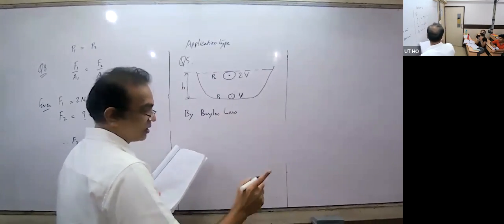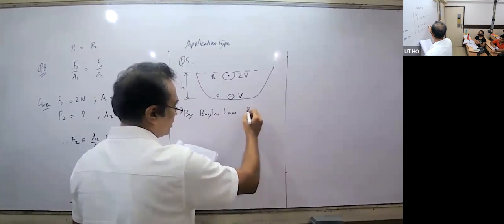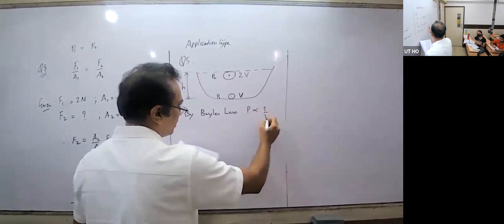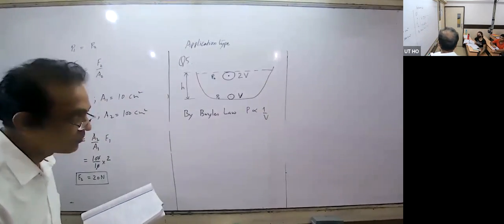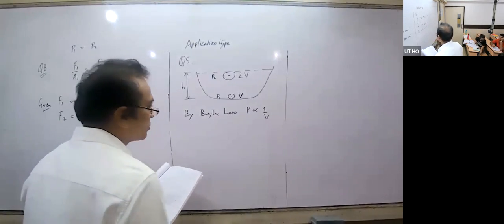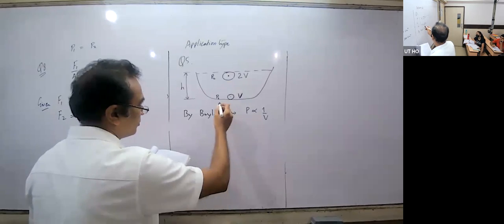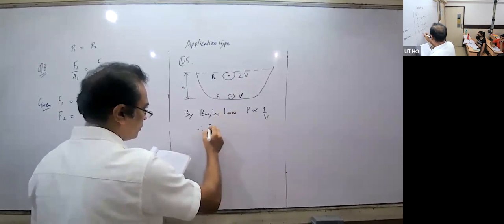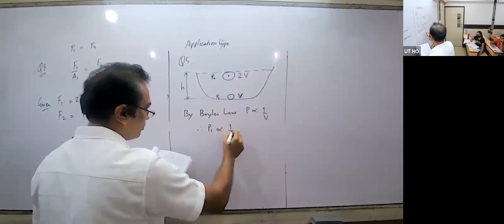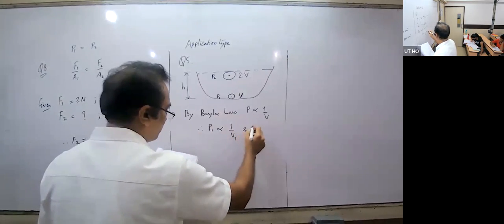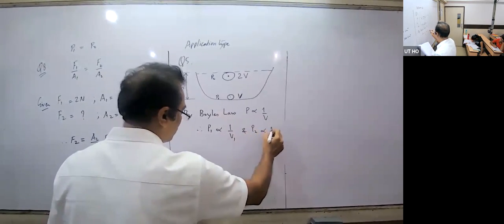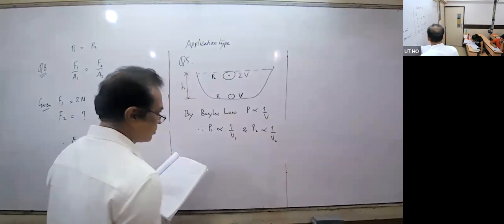When the temperature is constant, P is inversely proportional to V. So P1 is inversely proportional to V1, and P2 is inversely proportional to V2. Correct?